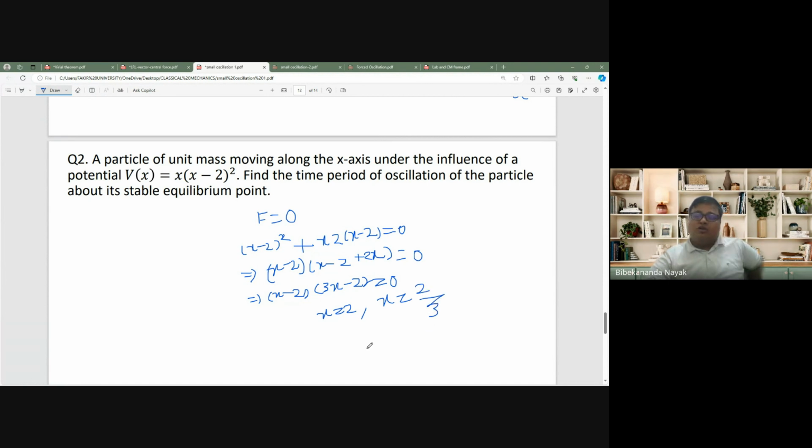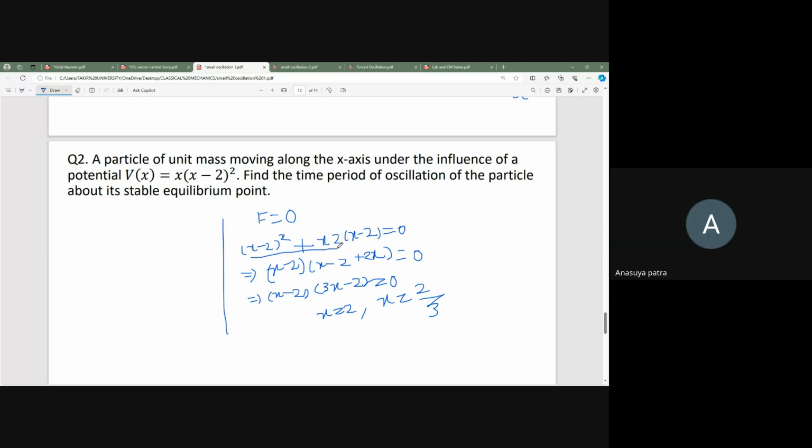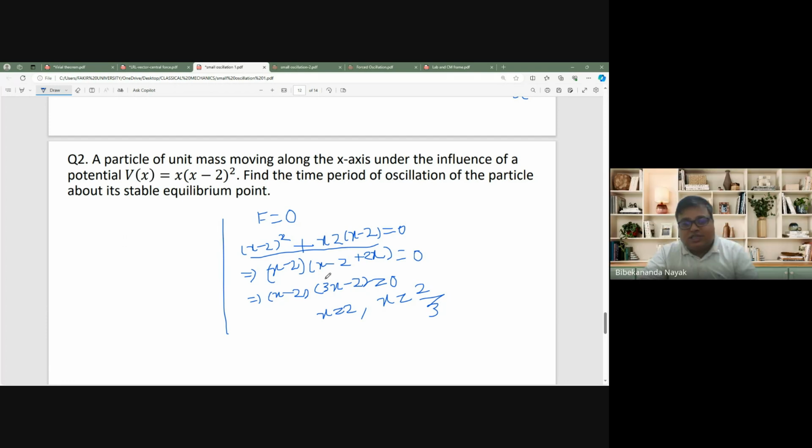Now check which one is the stable equilibrium and which one is the unstable equilibrium. Take the second derivative.